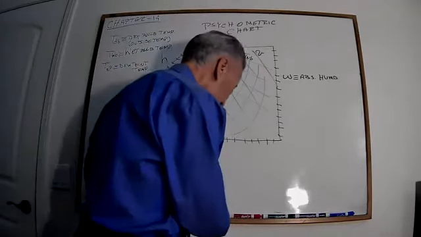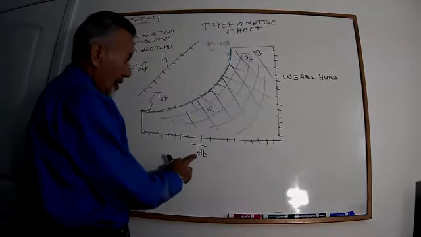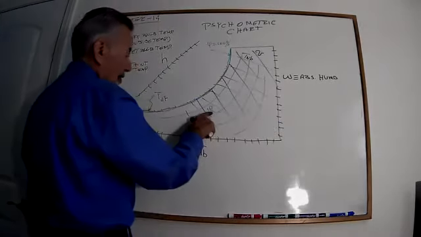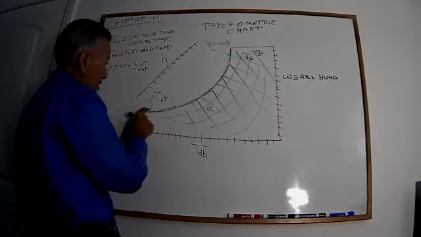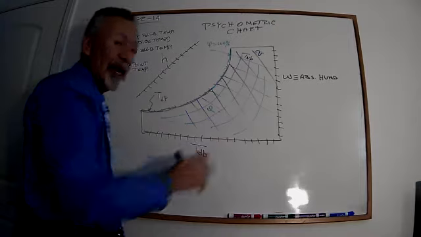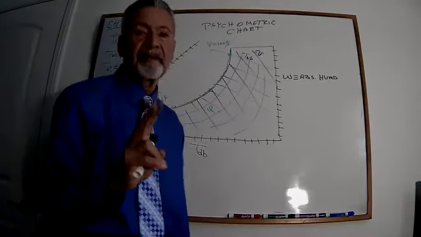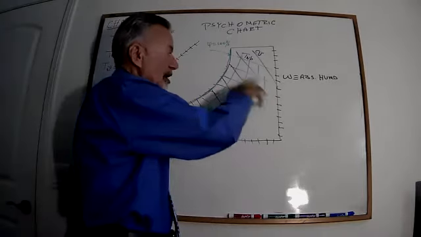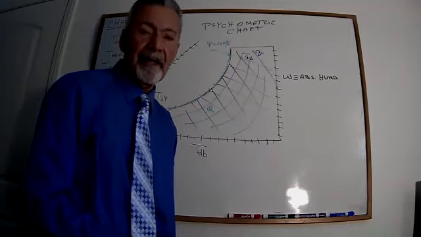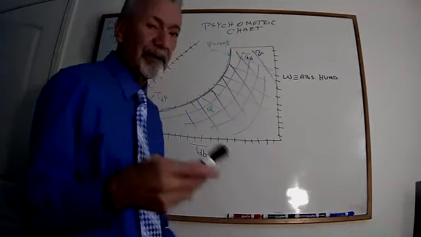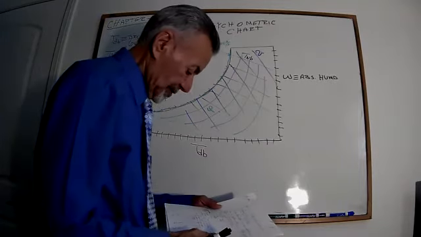For instance, as you can see, we have 1, 2, 3, 4, 5, 6, seven parameters involved. If you have two of them, you should be able to find the other five through the psychrometric chart. So it's very simple, very easy to do that. Let me see one of the examples.